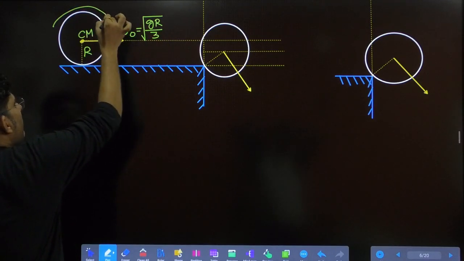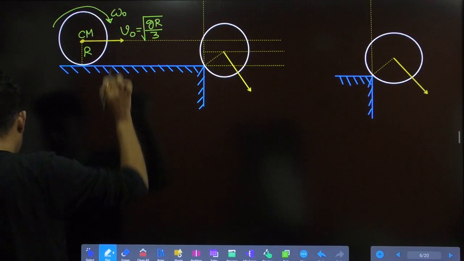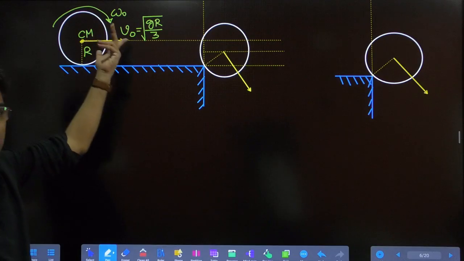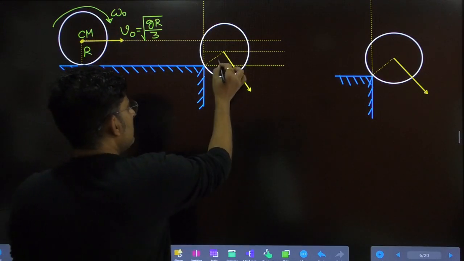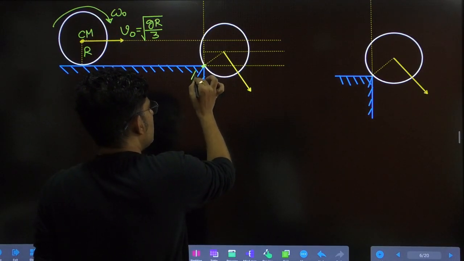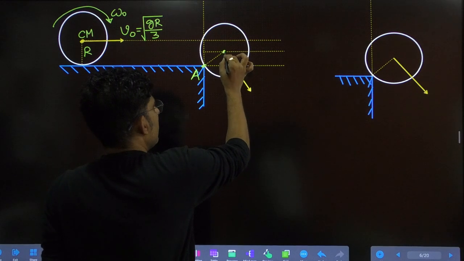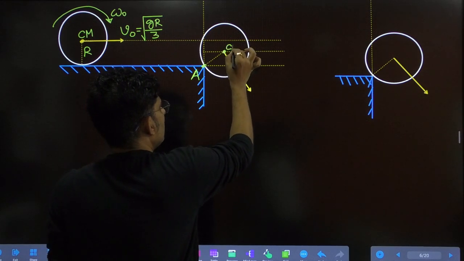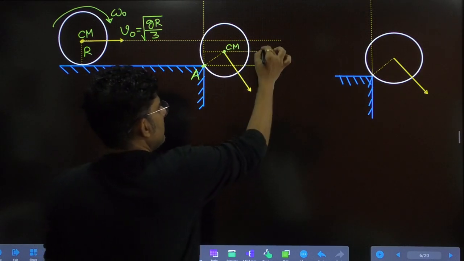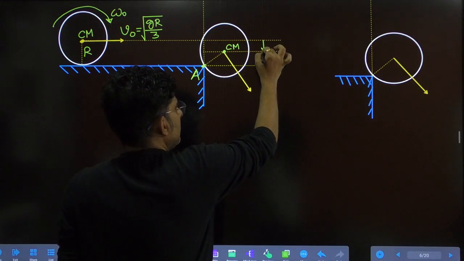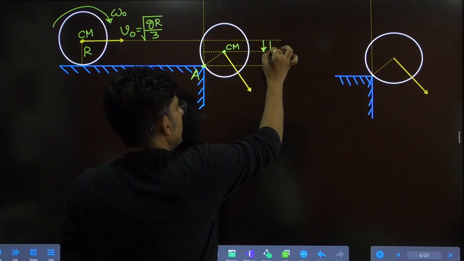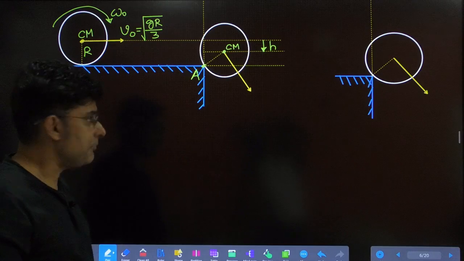It will have angular speed also, omega naught, which we can write as v naught by r, right? Now when it reaches this point, let's take the edge as A. So center of mass now comes to this position. You can see it has descended by a certain height h. How to find h? Simple.